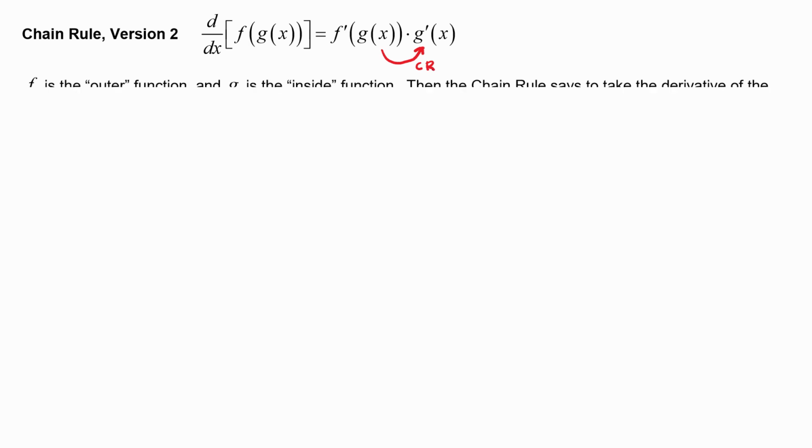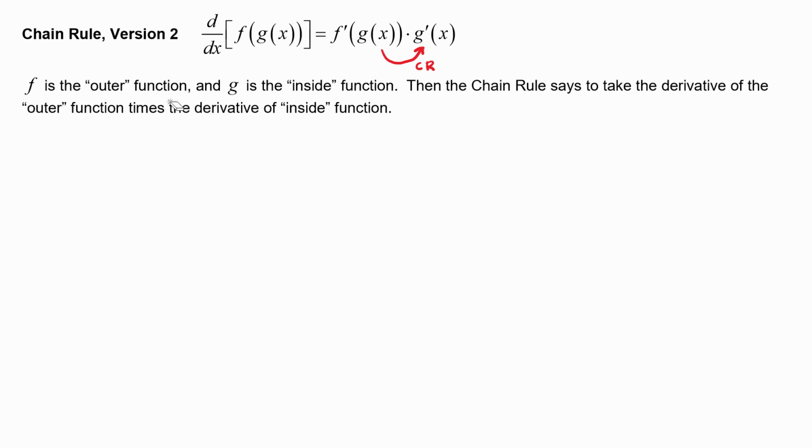Now, in this notation, f is the outer function and g is the inside function. Then the chain rule says to take the derivative of the outer function, f prime of g of x, times the derivative of the inside function, g prime of x.